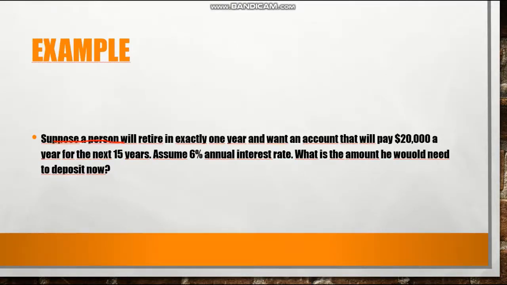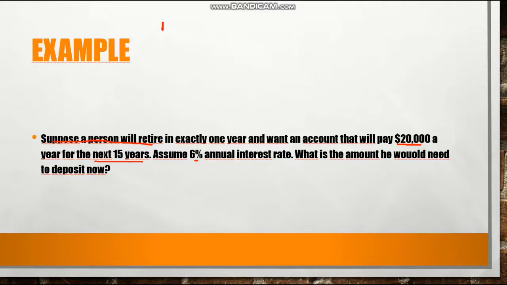Suppose a person will retire in exactly 1 year and wants an account that will pay $20,000 a year for the next 15 years. Assume a 6% annual interest rate, and what is the amount he would need to deposit now?